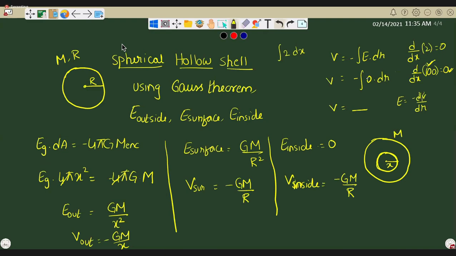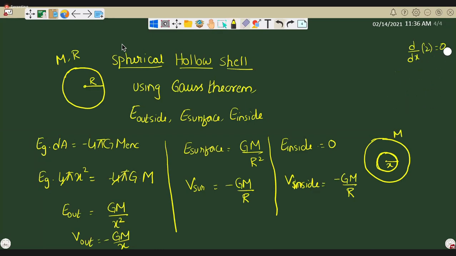V is something constant, and that will be equal to minus GM divided by R. So for a hollow spherical shell, whatever potential you have on the surface, the same potential you will have inside also. Understood the logic? Yes, sir.